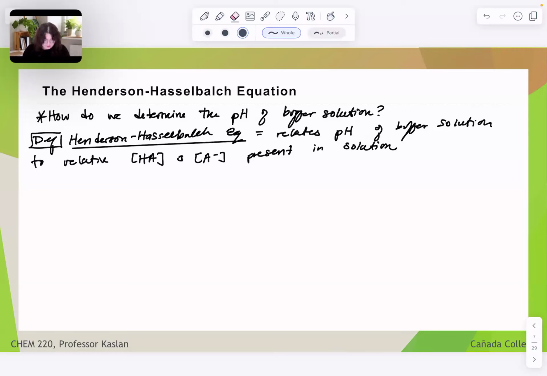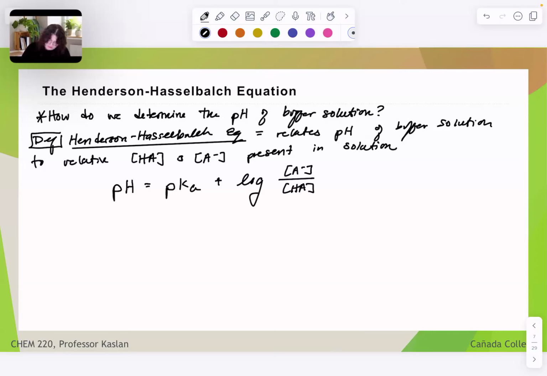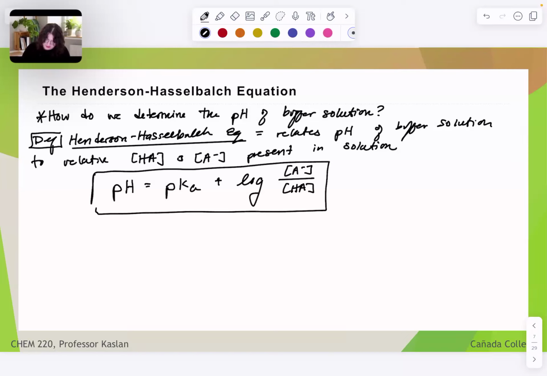So the Henderson-Hasselbalch equation is as follows. pH is equal to pKa plus the log of concentration conjugate over concentration acid. So this is the Henderson-Hasselbalch equation.